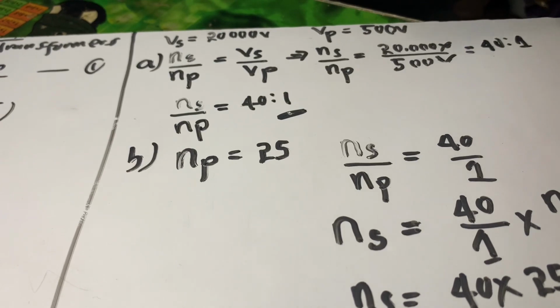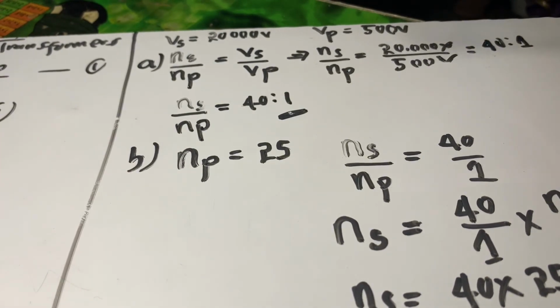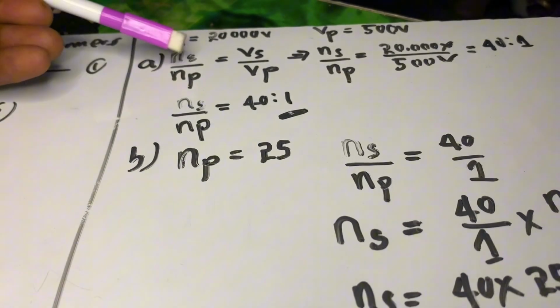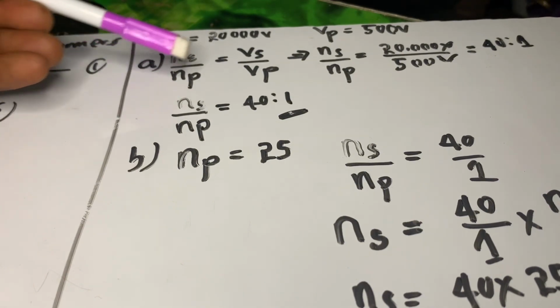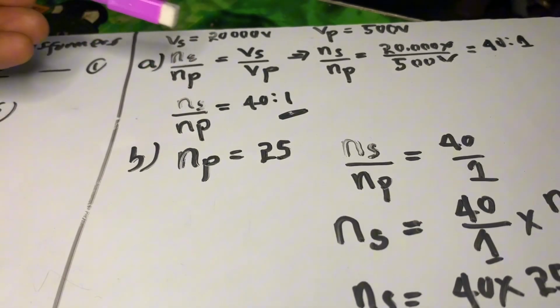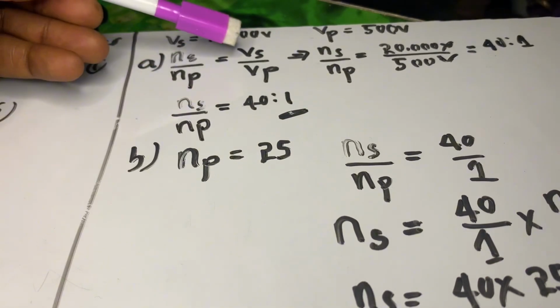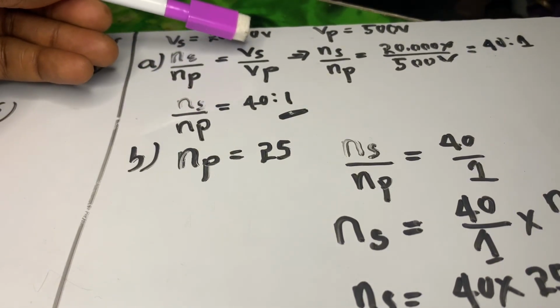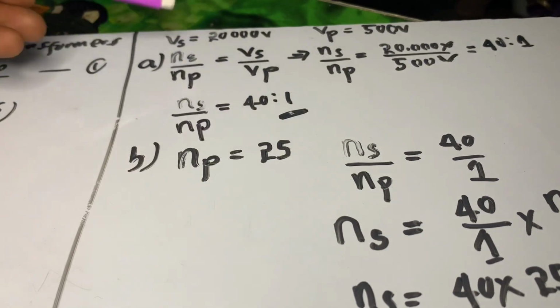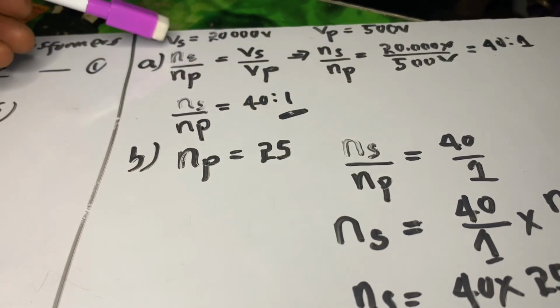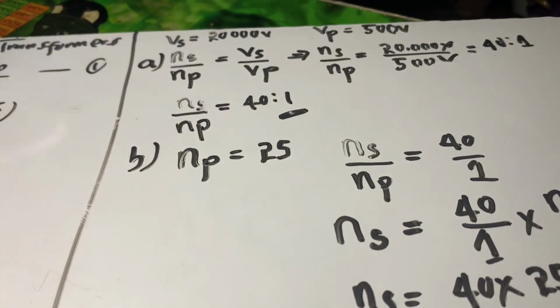Question one was asking us to calculate the required turn ratio. For this we use the formula: the number of turns on the secondary coil over the number of turns on the primary coil is equal to the voltage on the secondary coil over the voltage on the primary coil, because both voltages were given.